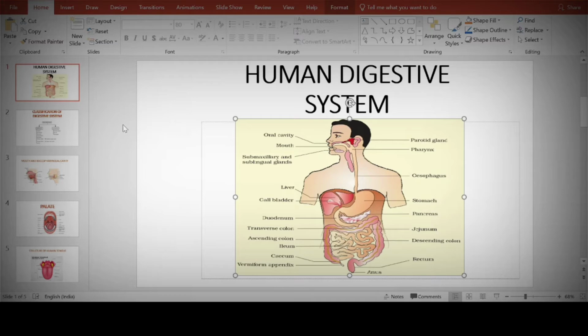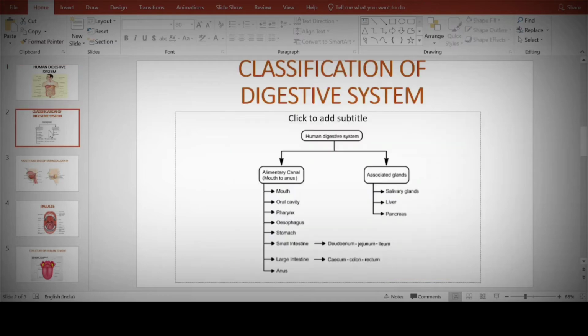Okay, so let's move to the next slide, and let's have a clear classification of the digestive system in short. As you can see, there are two parts of the digestive system: one is the alimentary canal, and another is the associated glands.